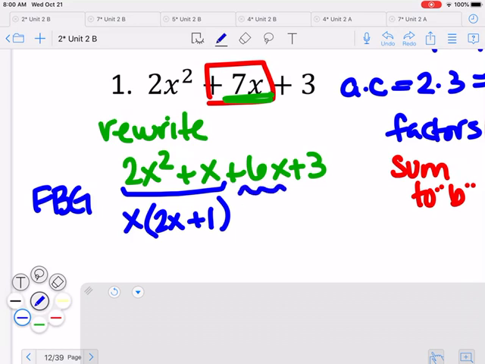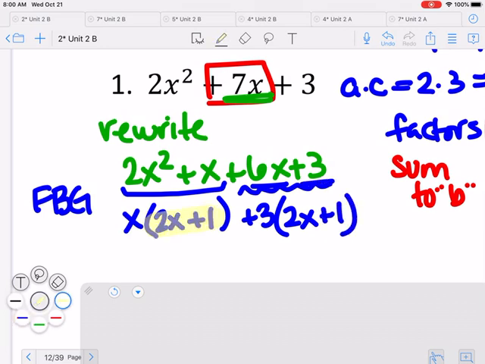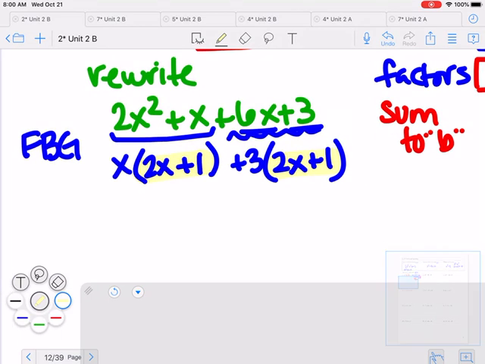Then I do it to these two. 6x plus 3, I can take out a positive 3. 3 times 2x is 6x, and 3 times 1 is 3. So what happens is that the binomial is the same. And if it's not, you've got to start over because it should be.